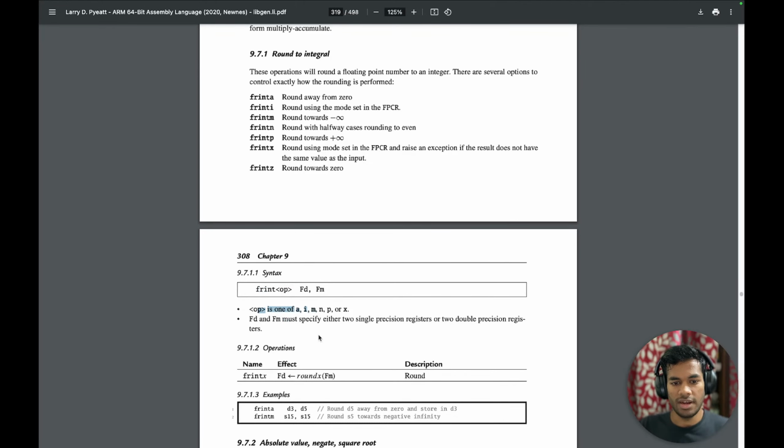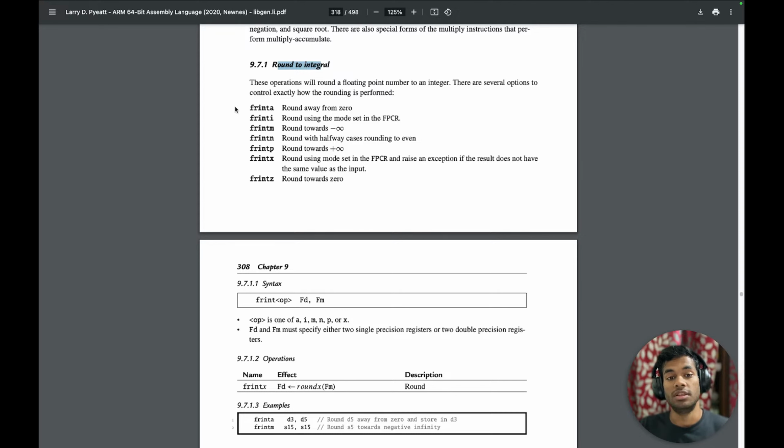FRINT, what is FRINT? What the heck is FRINT? Round to integer. Oh, these are only for rounding. Floating point round to integer, yes, okay, that makes sense. There are multiple ways that I can round.